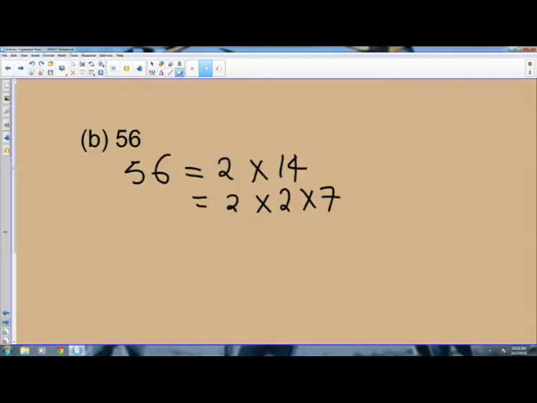So this will be 2 squared times 7. The 2 squared here is in the index form, then times 7, which is just 7 to the power 1. So this is how you express 56 as a product of its prime factors. It's 2 squared times 7.